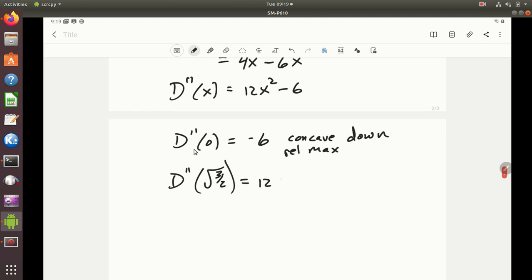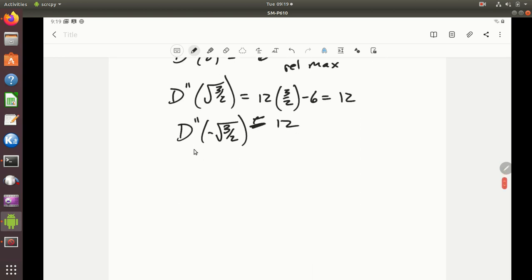So this is 12 times 3 halves minus 6. And that's 18 minus 6, or 12. So d double prime of negative square root of 3 halves is also equal to 12, which means these are both concave up.